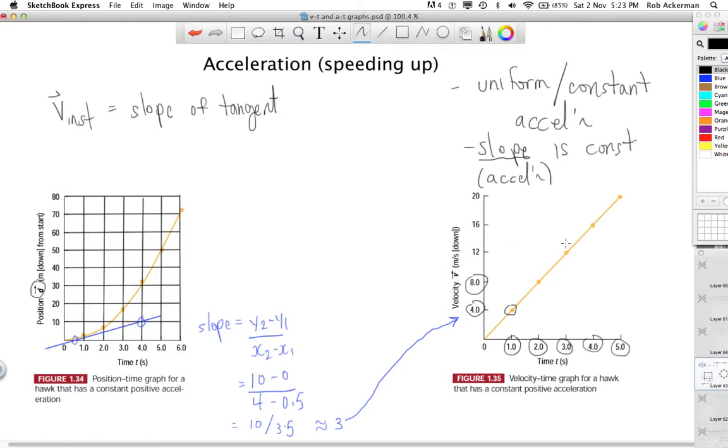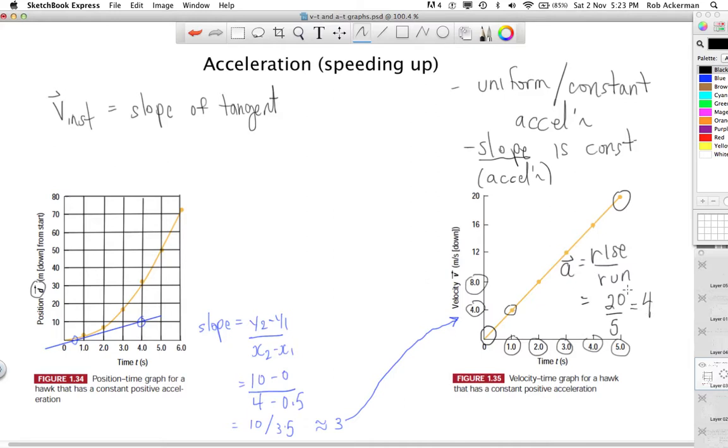In fact, what is the slope? If we do the rise over run over here, we're going to get the acceleration. Well, for a straight line, I can pick any 2 points on the line, so let me make my life easy. 0, 0, and what's this going to be? 5, 20. So I've got a rise of 20. I've got a run of 5. That's going to give me 4.